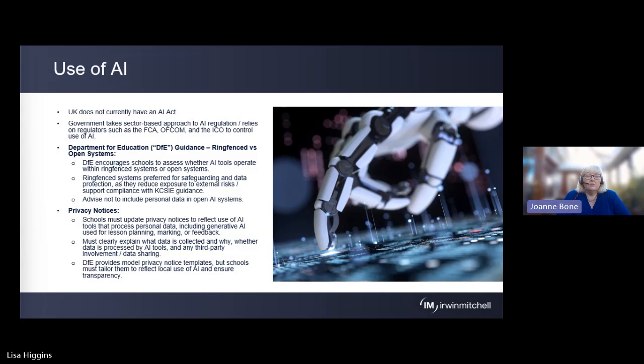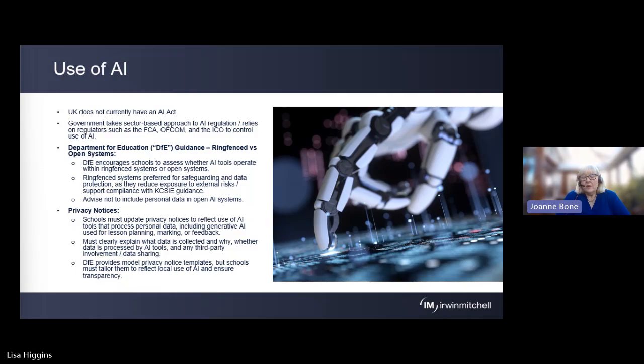Ring-fenced AI systems mean that the personal data or indeed the other information that you put into the AI stays within the organization. It doesn't go out into the general model. It doesn't go out for general training of the AI model. So as you can appreciate, the DFE is very keen that schools check any AI, if it's a large language model that they're using, but also if AI is built into any of the tech that's being bought.